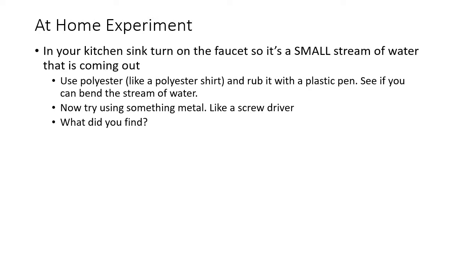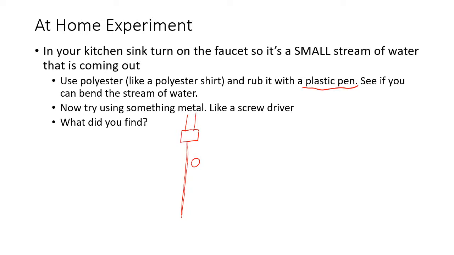Now, since I'm not there, normally I would get you to do this experiment in the classroom, but what we should see is that if here is your faucet and a very thin stream of water is coming out right here, and you bring a plastic pen close to this, just like the video, it will attract because the water is neutral right now.